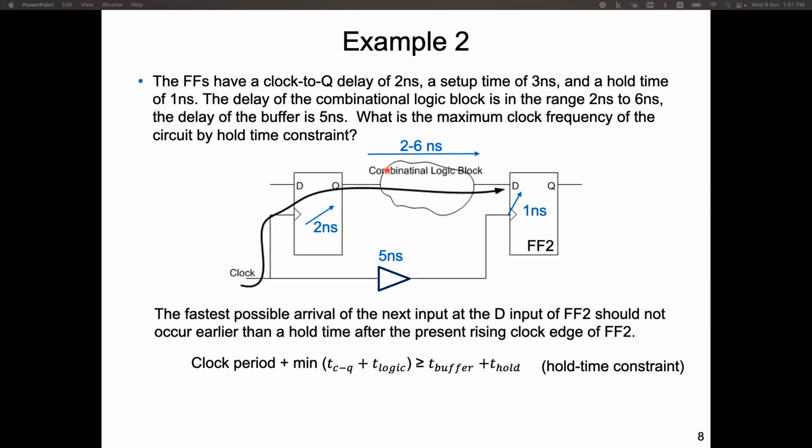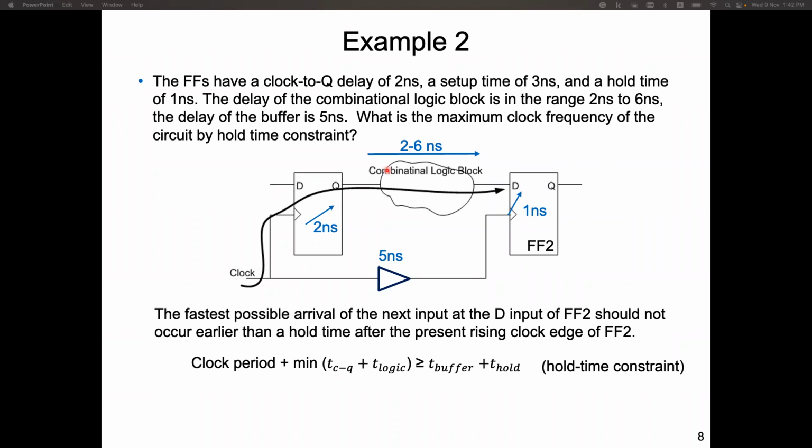So next, let me extrapolate the situation. Suppose this hold time is like this. This is the hold time. So the input to the second flip-flop should be held constant for a hold time after the rising edge.